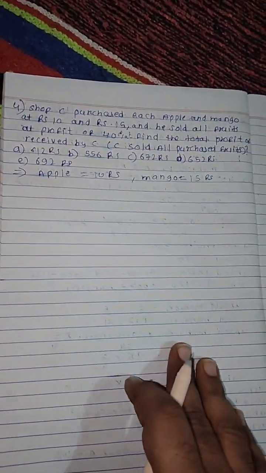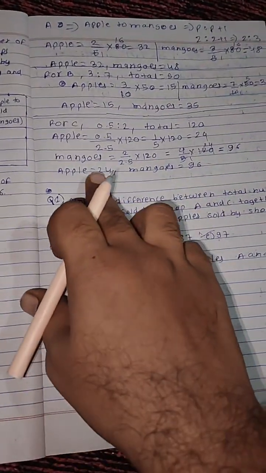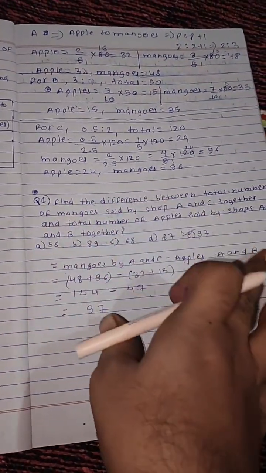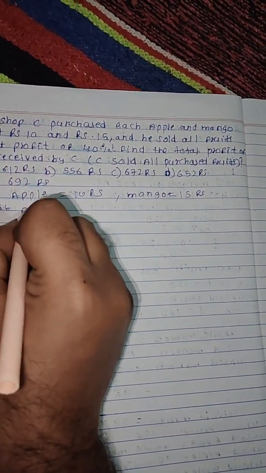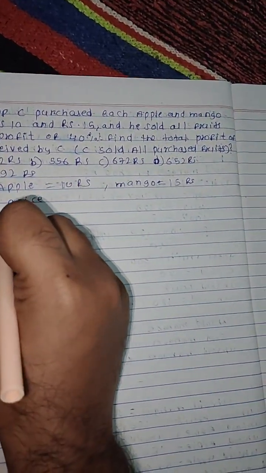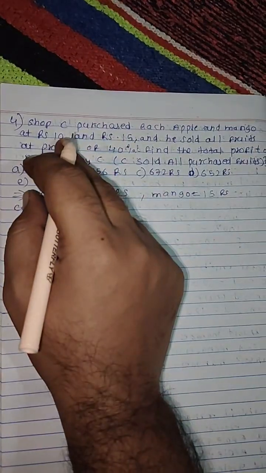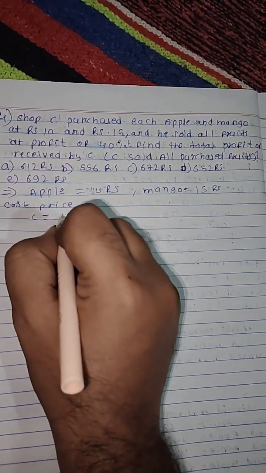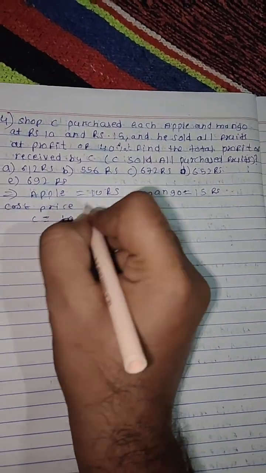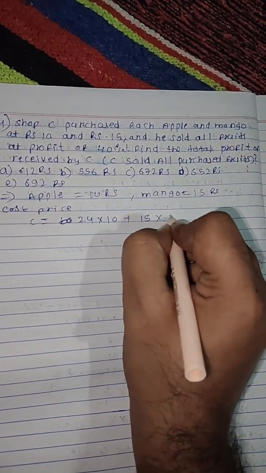So C sold 24 apples and 96 mangoes. So the cost price we can write for C. He purchased each apple at rupees 10 and each mango at rupees 15. So it will be 24 into 10 plus 15 into 96.